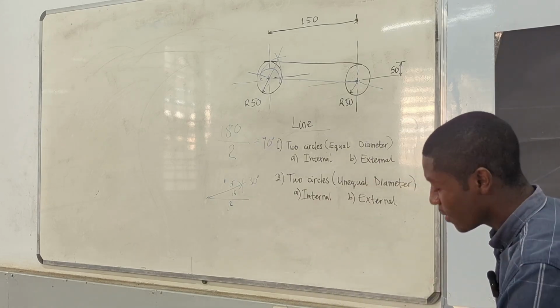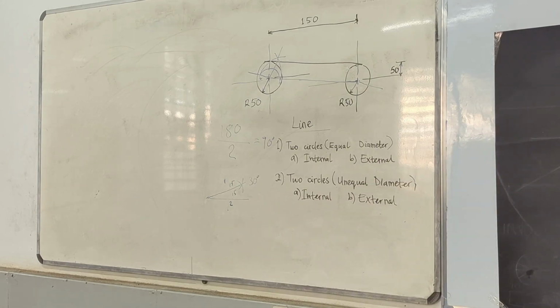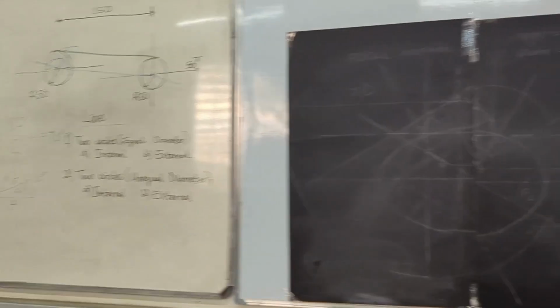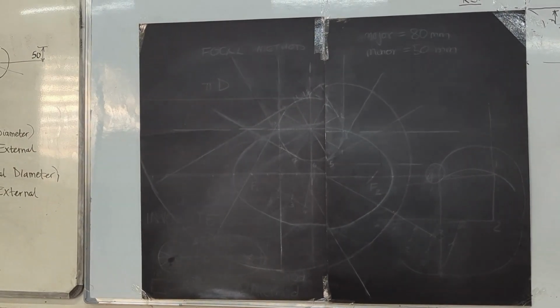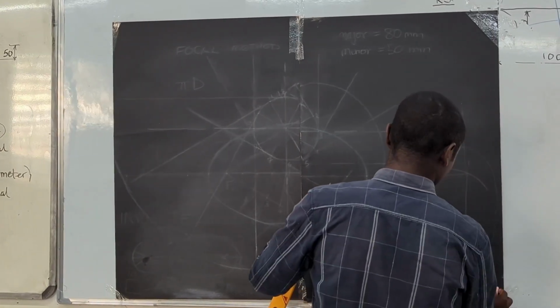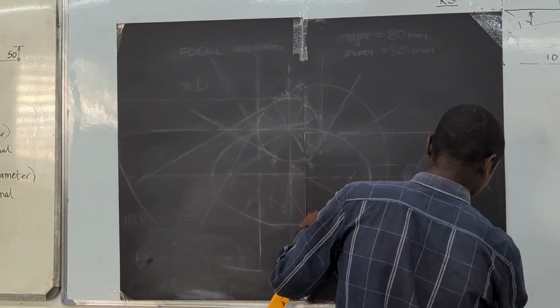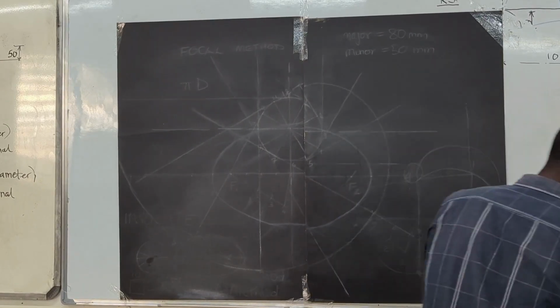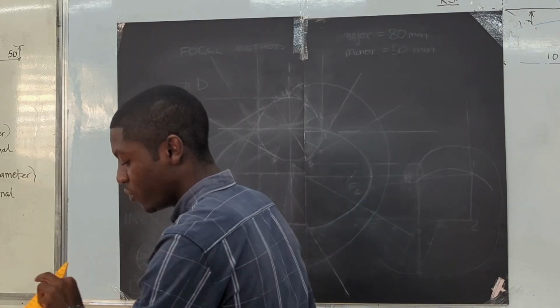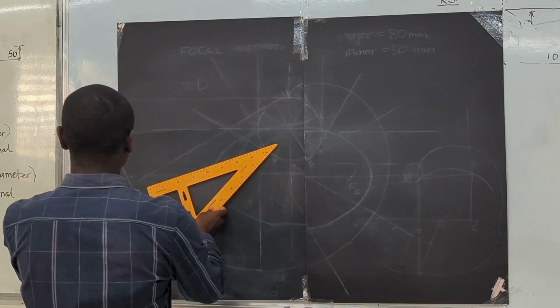So we'll start just like we earlier started. We'll start with our circles. Before we draw the circle, we need our center line.